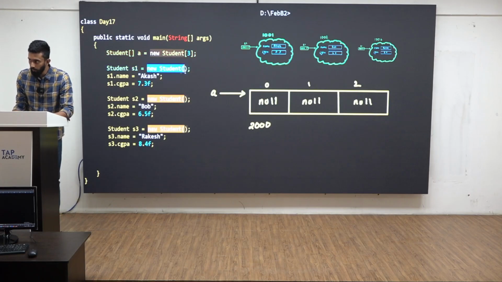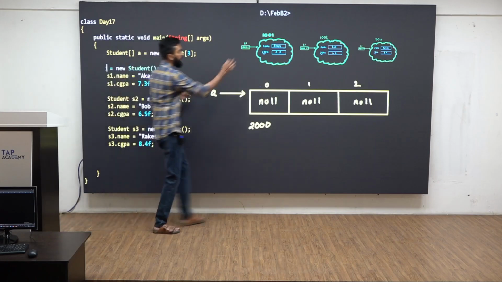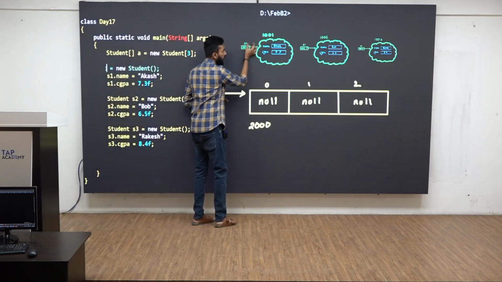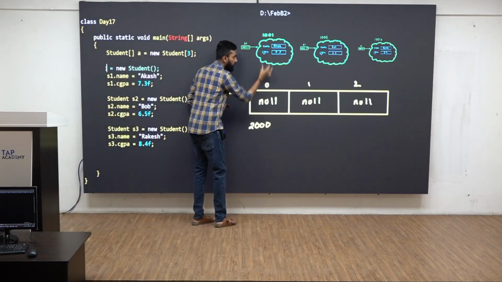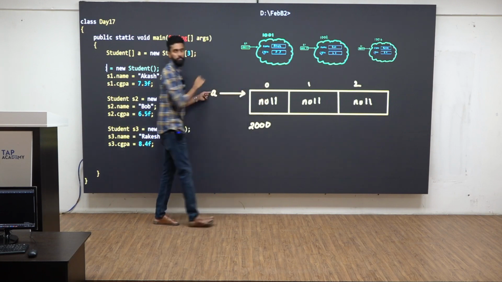Now see what I will do. I have created the first student. Instead of giving it a reference S1, I will remove this part. I will take this address and, instead of storing it in S1, I will store it here. Here means A of 0.